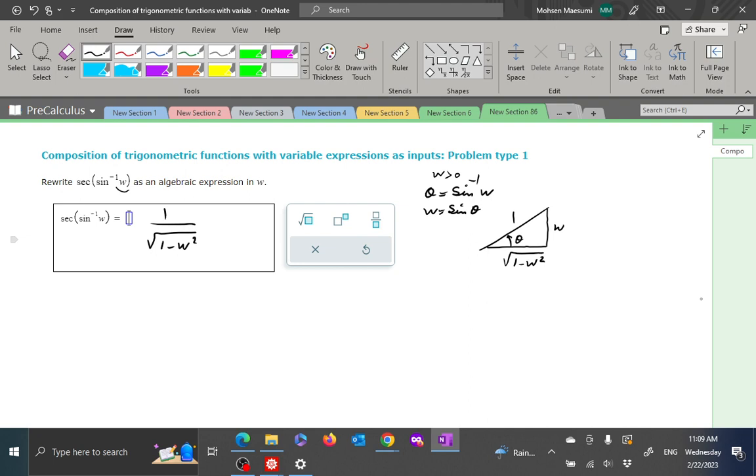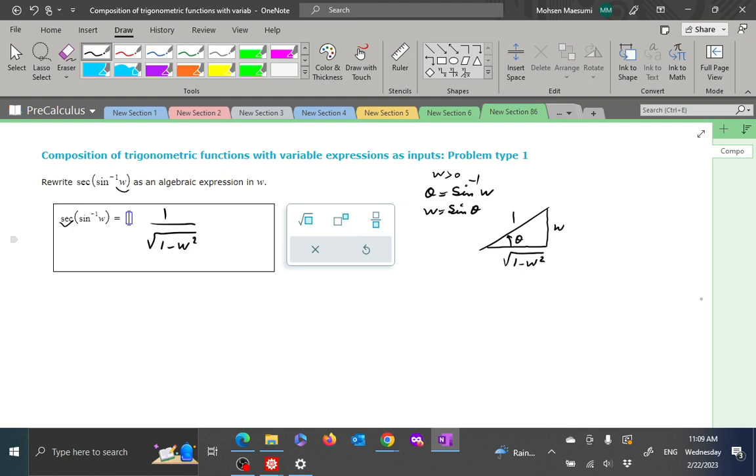So again, if the hypotenuse is taken to be 1, then the opposite will be our sine. So w becomes sine of theta. The other side is going to turn out to be radical 1 minus w squared. Now I want to calculate the secant.